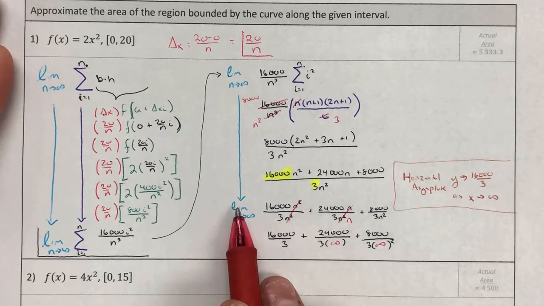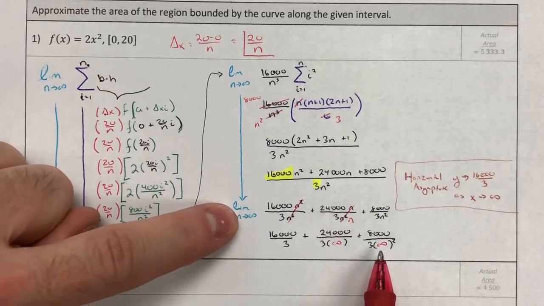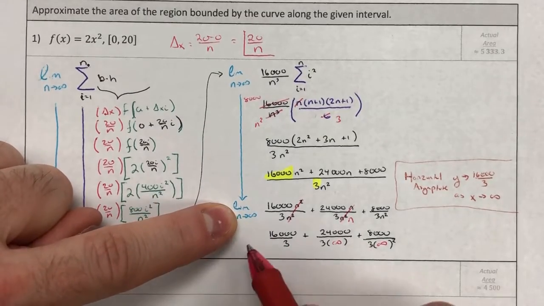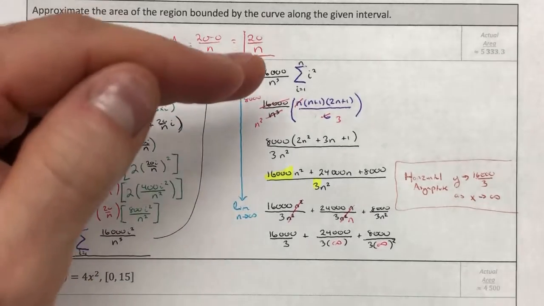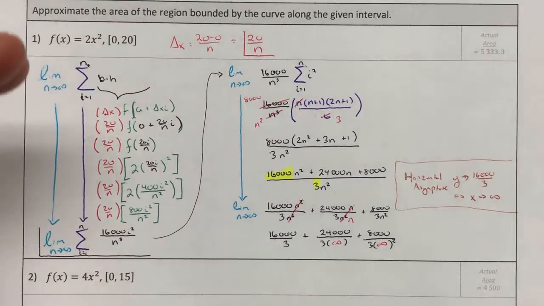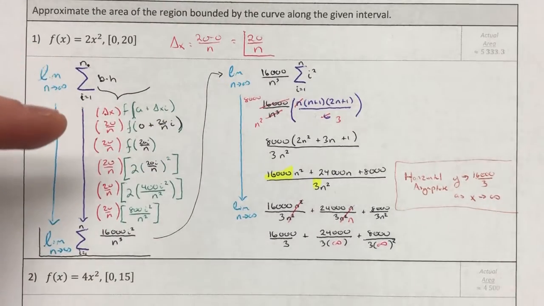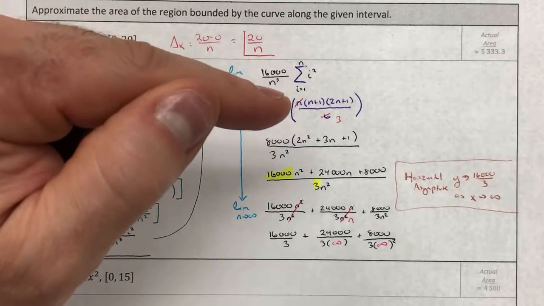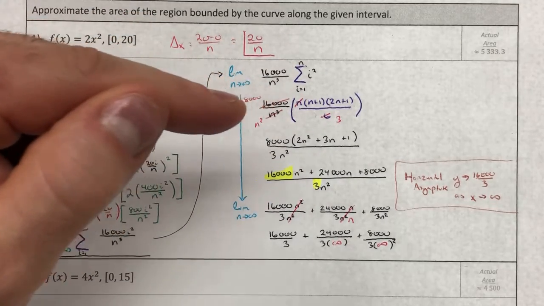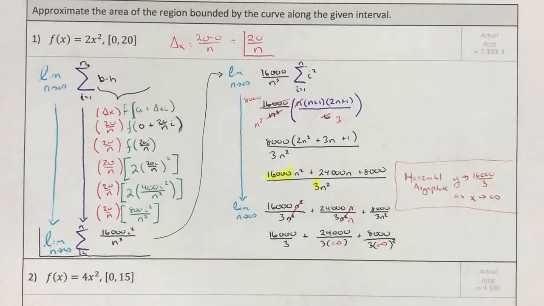Right here, I no longer have the limit notation because I have actually plugged in the limit. I have actually entered in n equals infinity, so I don't need to write the limit anymore. At this point and all down these, I haven't actually plugged it in, so I need to keep writing it. Notice we wrote the summation notation all the way down until we actually abbreviated the summation notation, and then we no longer wrote that sum prefix.